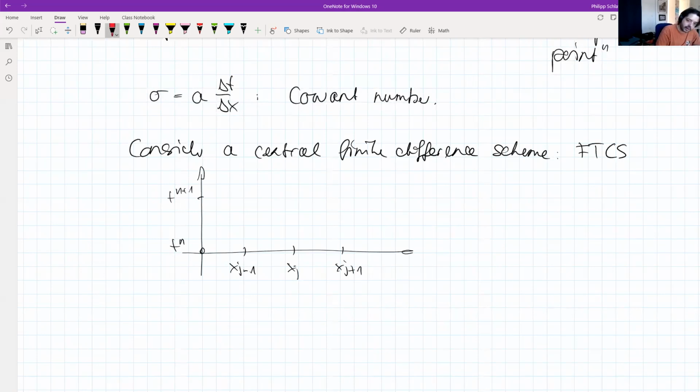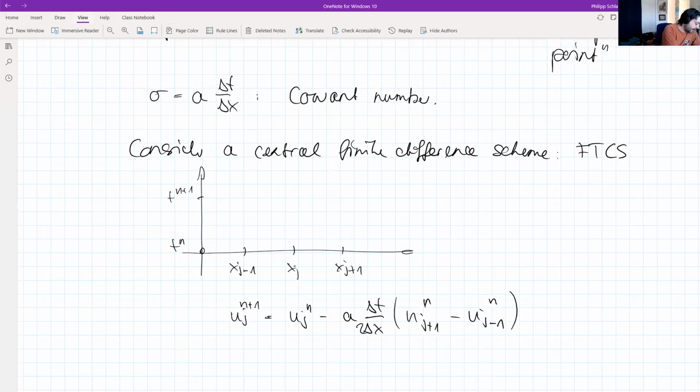The forward time central space scheme would be something like that: u_j^(n+1) is u_j^n minus a times delta t divided by 2 delta x, times the difference u_(j+1) minus u_(j-1) at time n.